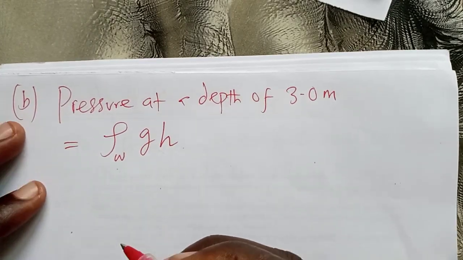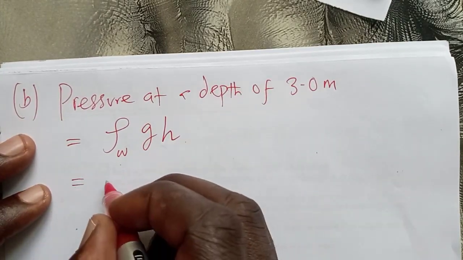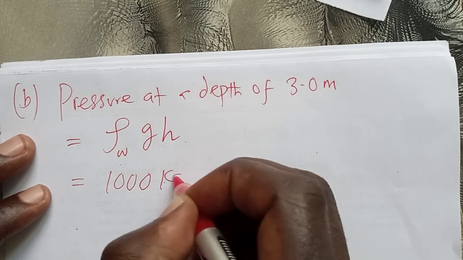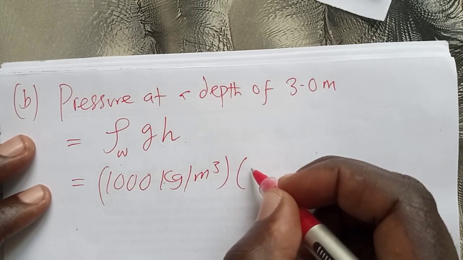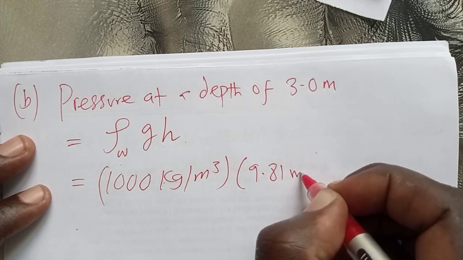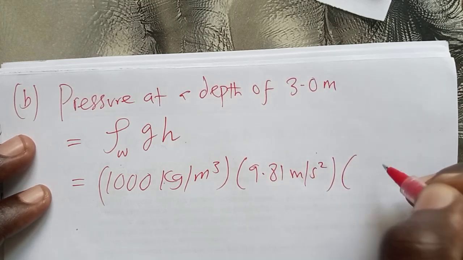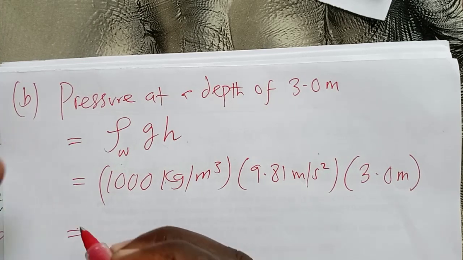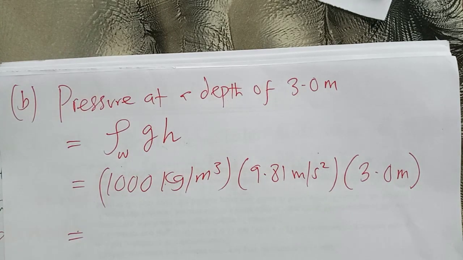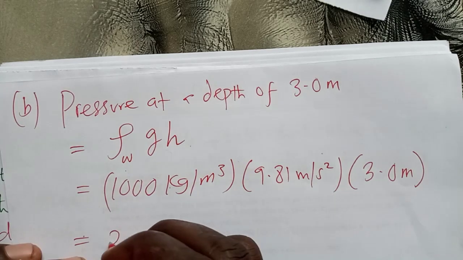The rho is again 1000 kilogram per meter cube, my g is 9.81 meters per second squared, and finally my depth is 3.0 meters. Again, I multiply all these: 1000 multiplied by 9.81 multiplied by 3.0.